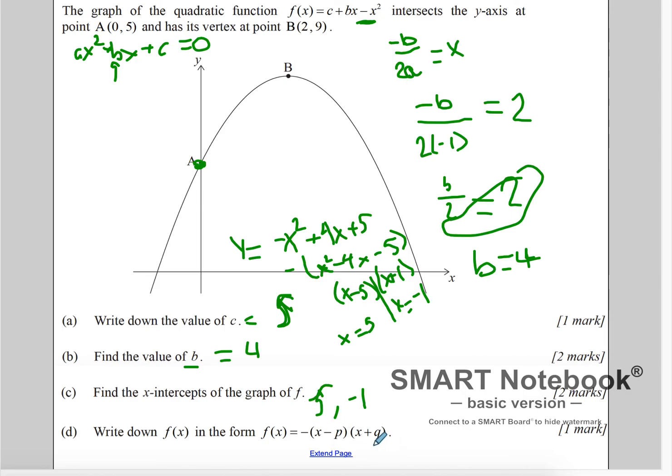And they've asked you to write the equation in this form, and we've really already done that with this line here, but we can write it again down here if we want. Negative, right? I've written x minus 5, x plus 1. And that's the form they wanted it in.